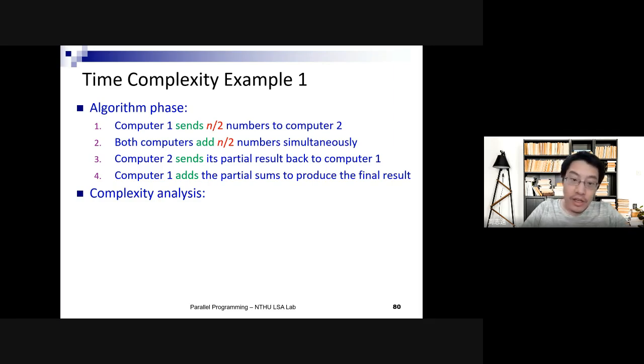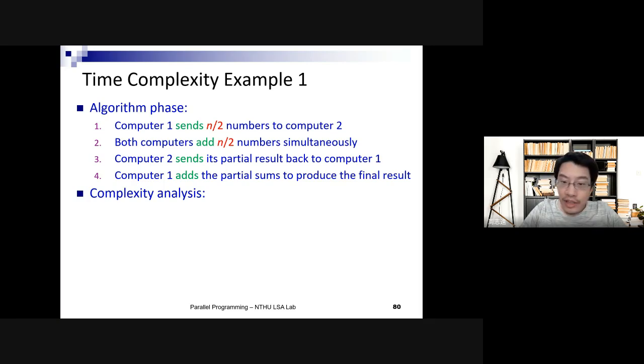Okay, so of course there are many ways to implement this algorithm in parallel.